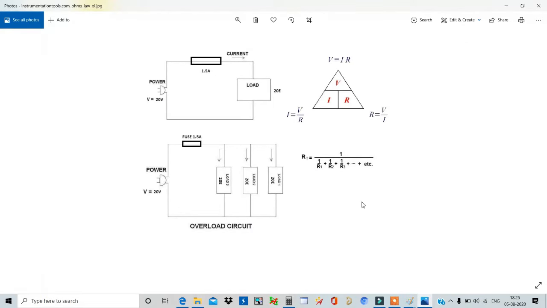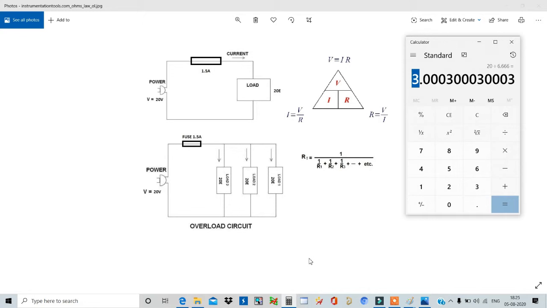Come to this picture for the overload circuit, how it is working and what overload is. Okay friends, as per Ohm's law, we have already provided 1.5 amps for, for example, 20 volts and 20 ohm resistance.